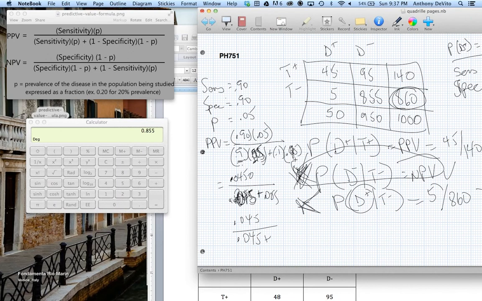The prevalence is 5%, 1 minus the prevalence is 0.95, and a tenth of that would be 0.095. So this is 0.045 divided by the sum of these two, which is 0.140.